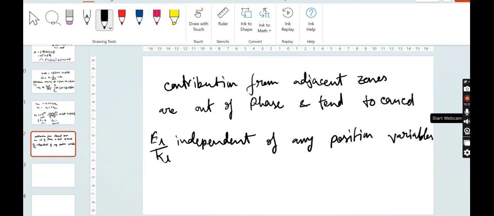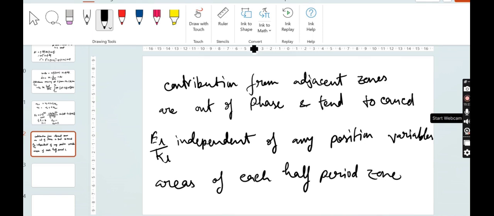Okay. And the areas of each half period zone are almost equal. Almost, not equal.